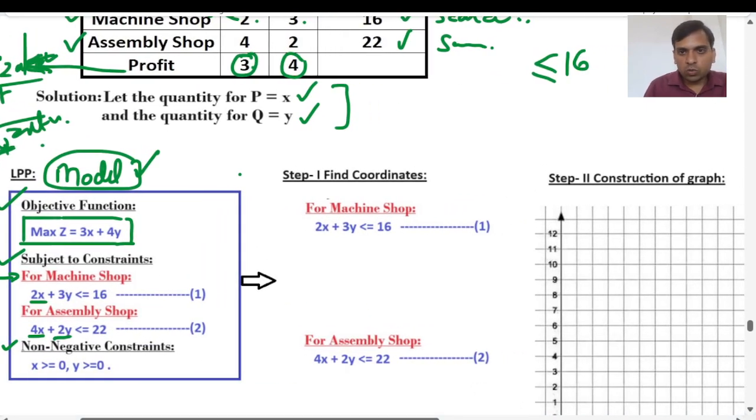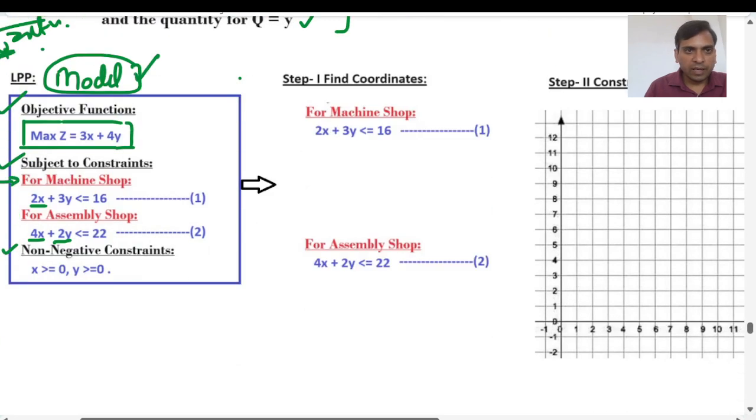To solve this problem using the graphical method, or to represent this problem on a graph, we will find coordinates for these constraints only, the first one and the second one. To find the coordinates, this is the equation.